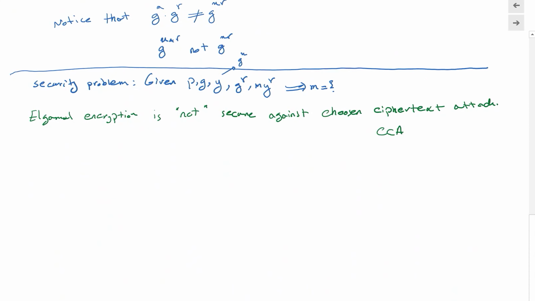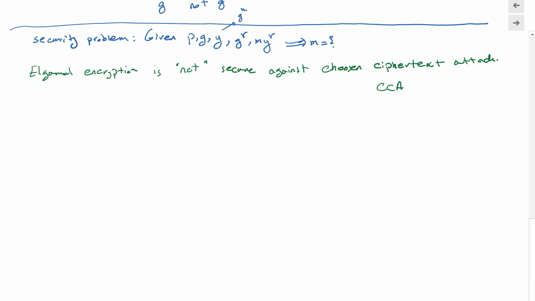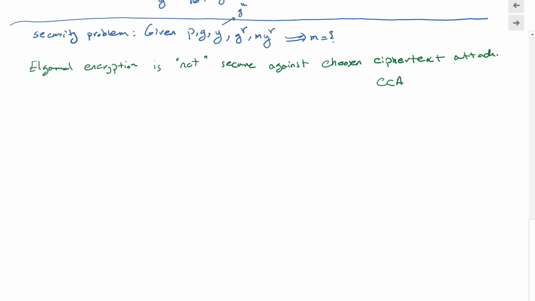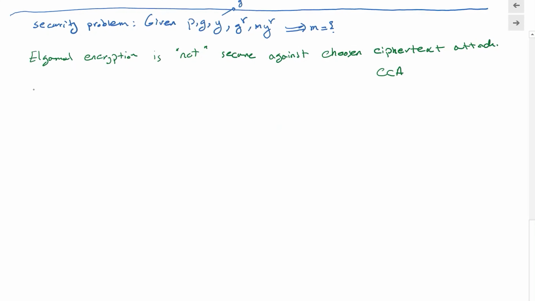In this kind of attack, just like RSA, we give the attacker access to a decryption oracle.